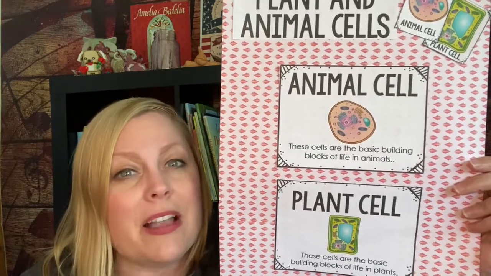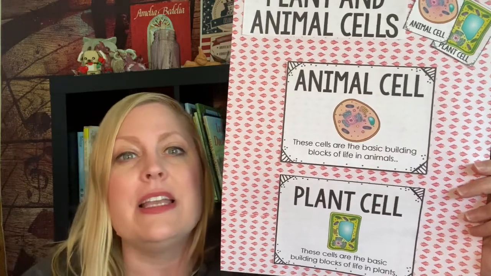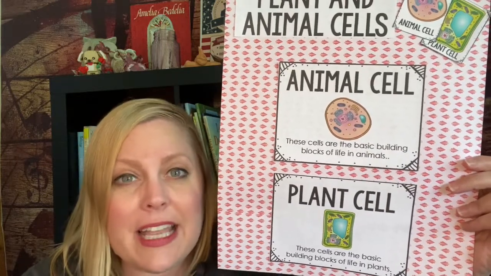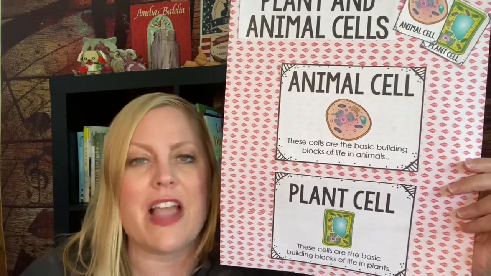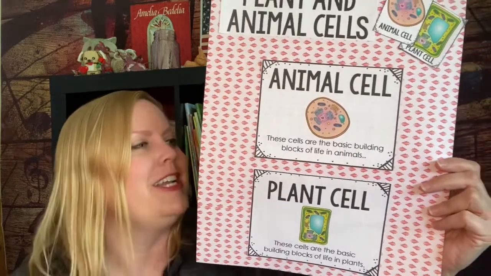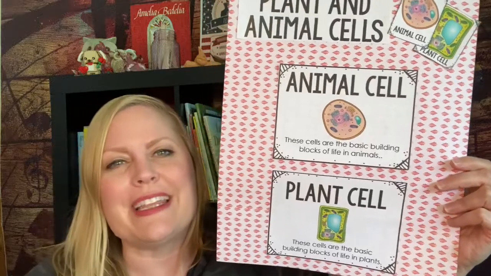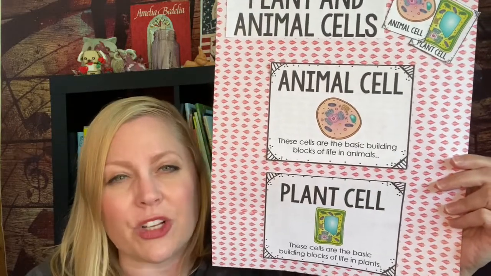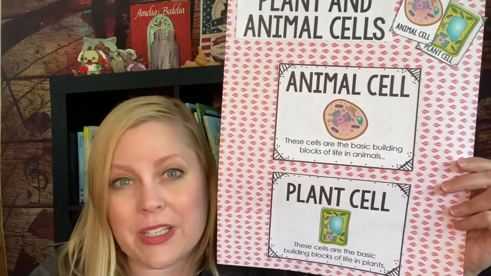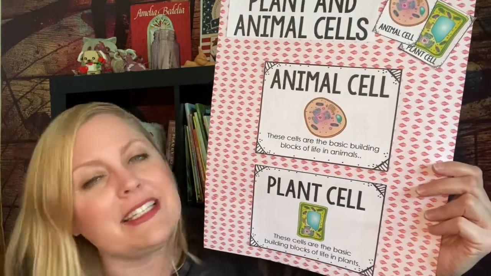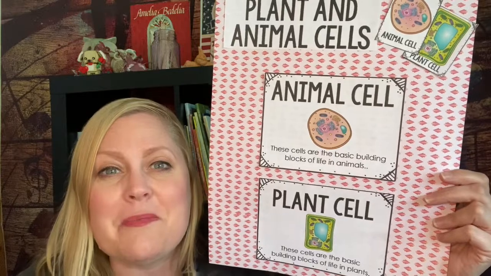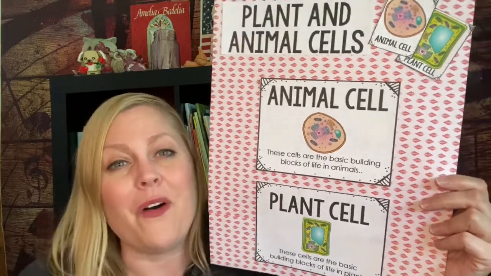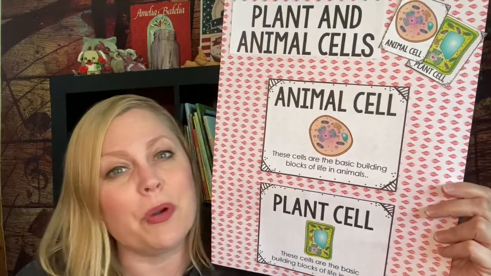You can also pause the video to be able to see how to spell an item without having to feel like you're unable to see it fast enough and write it fast enough. So make sure you're taking the time to do that so you can really learn these words. It's really important to understand cell function in animals and plants because it's the basis of all living things. So super important.